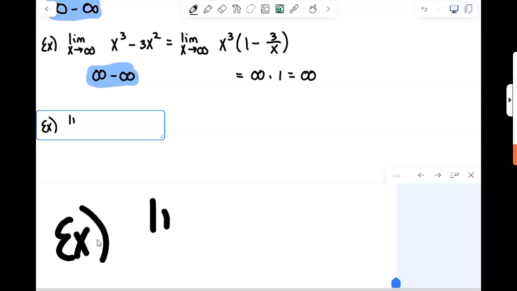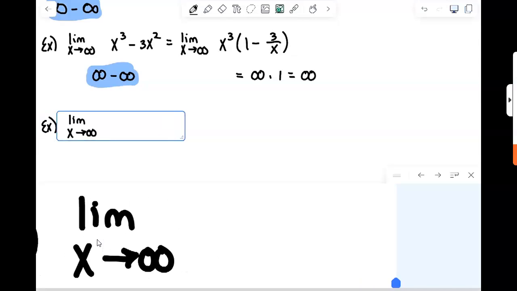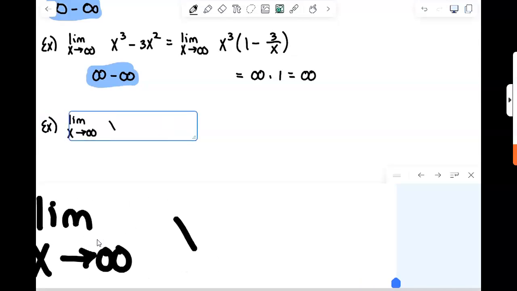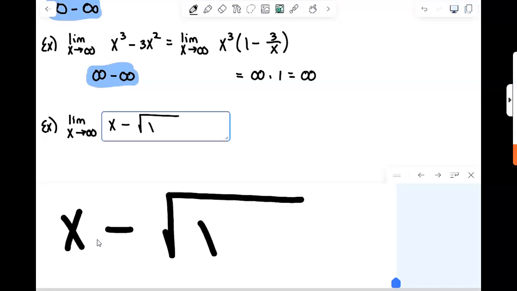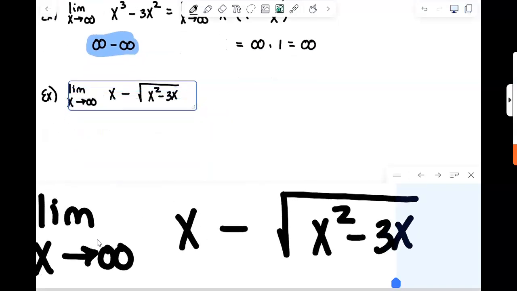So here we're looking at the limit as x approaches infinity of x minus the square root of x squared minus 3x. Here, as x goes to infinity, of course x will be going to infinity.